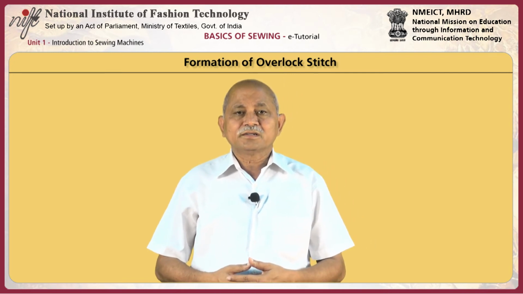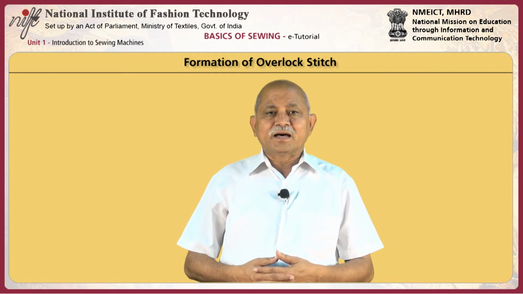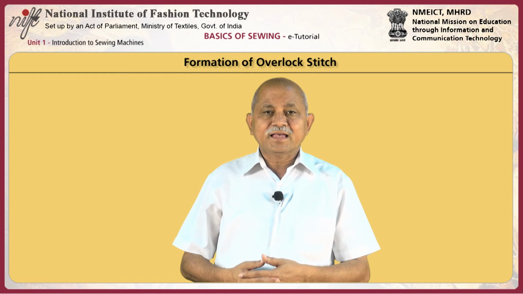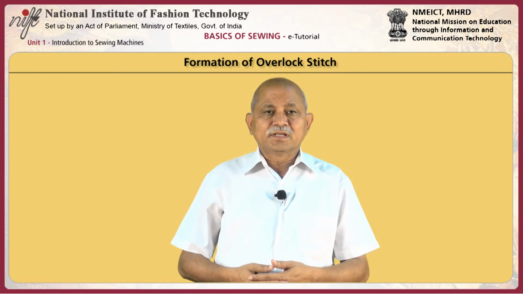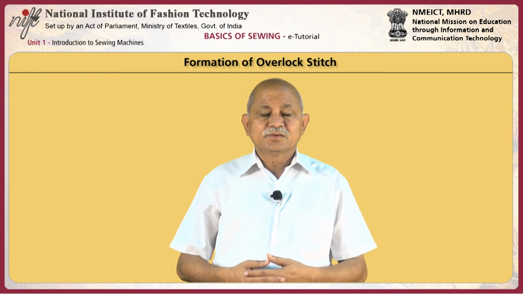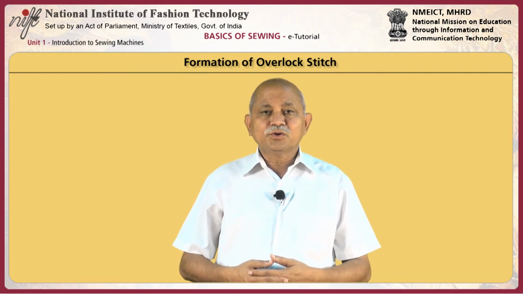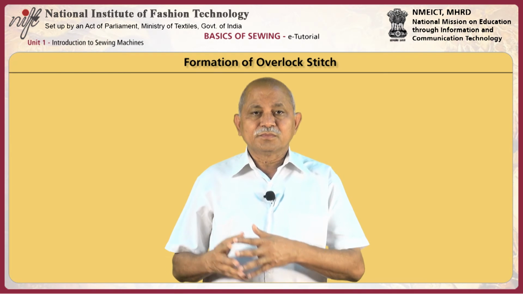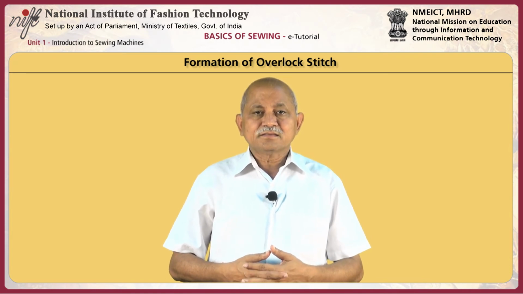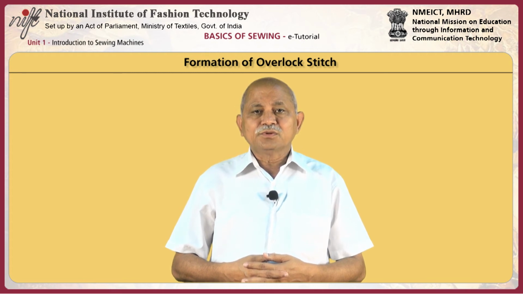The lower looper continues along its path moving towards the right of the serger. As it moves, the lower thread is carried through the needle threads. While the lower looper is moving from left to right, the upper looper advances from right to left.